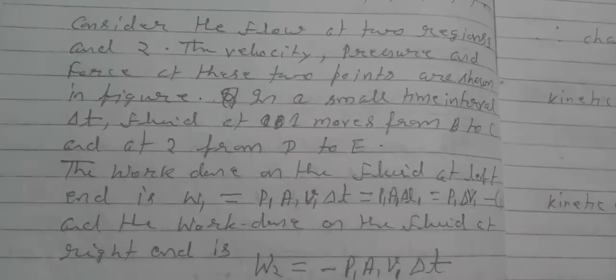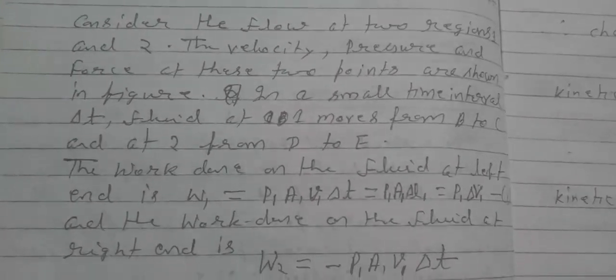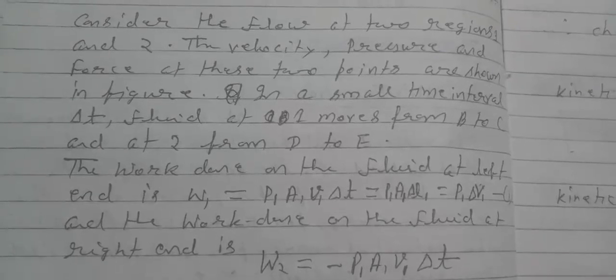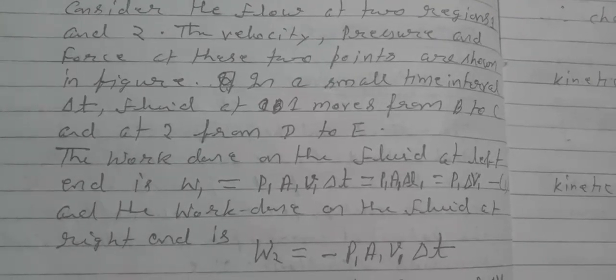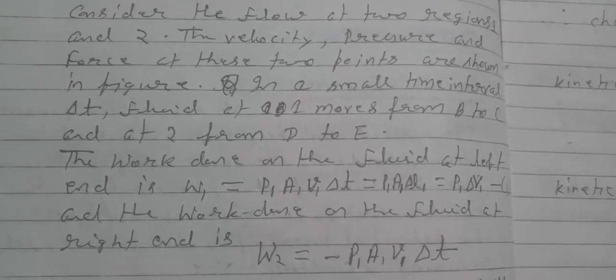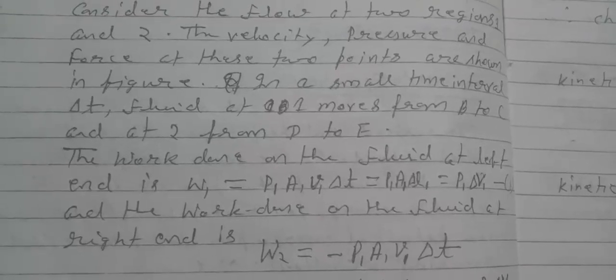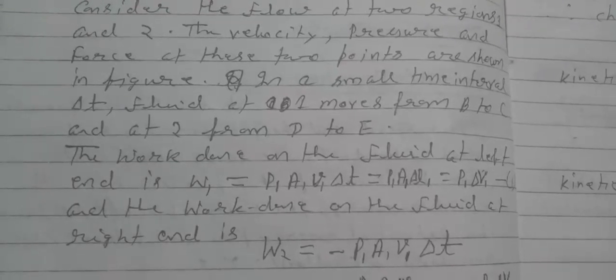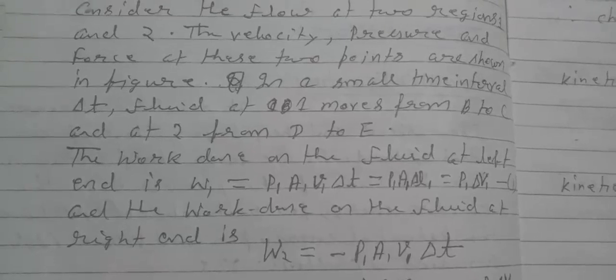The work done on the fluid at the left end is W1 equals P1 A1 V1 delta t, or equals P1 A1 delta L1, or equals P1 delta V1, where delta V1 is the volume of the element.